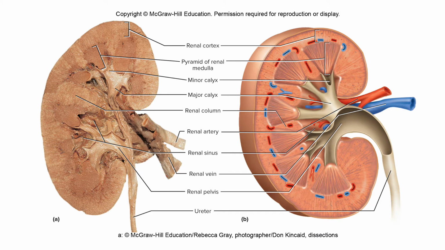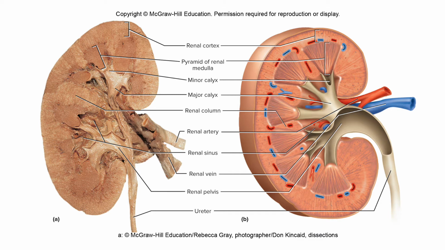And the tissue of the medulla is arranged in little pyramid-like fashion, and there are columns of cortical tissue that extend between those medullary pyramids. The medullary pyramids empty into a minor calyx.